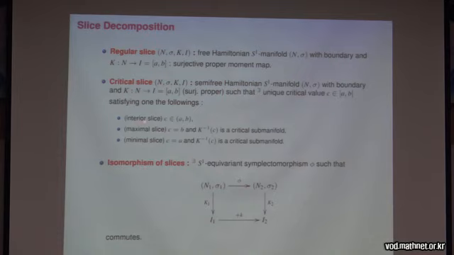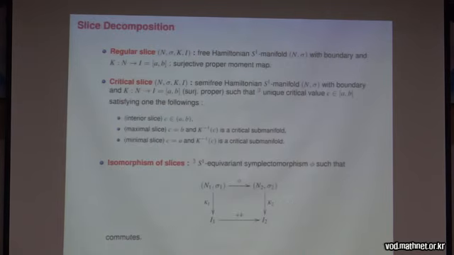If the critical value is in the interior of this interval, then we call it an interior slice. If the critical value is the maximum, we call it a maximal slice, and if it is the minimum, we call it a minimal slice, and so on. We also define the isomorphism of slices by this commuting diagram: two slices are isomorphic whenever there is an S1-equivariant symplectomorphism between them, like this.